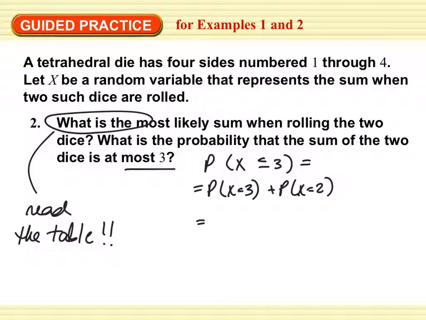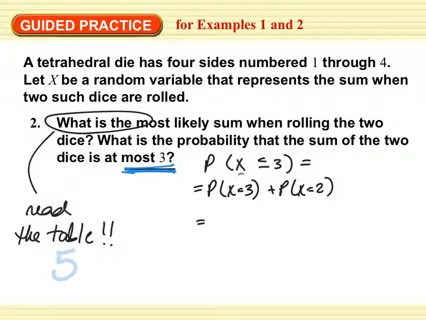A tetrahedral die has 4 sides. What is the most likely sum when rolling the 2 dice? Okay. Read the table. The most likely sum was 5. And then what is the probability that the sum of the dice is at most 3?